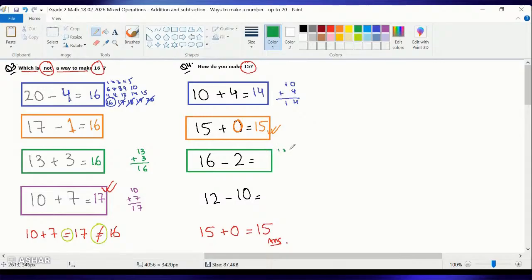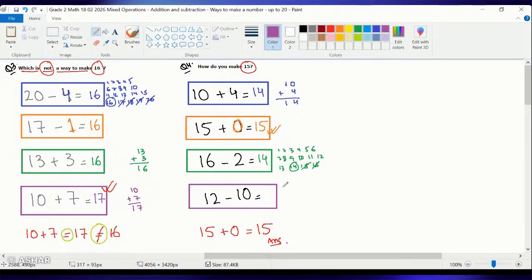If we write the numbers 7, 8, 9, 10, 11, 12, 13, 14, 15, and 16. If we cancel the two numbers, we are getting a 14 over here, right? And for the last option, which we did not need to solve because we already found the answer, 12 minus 10.